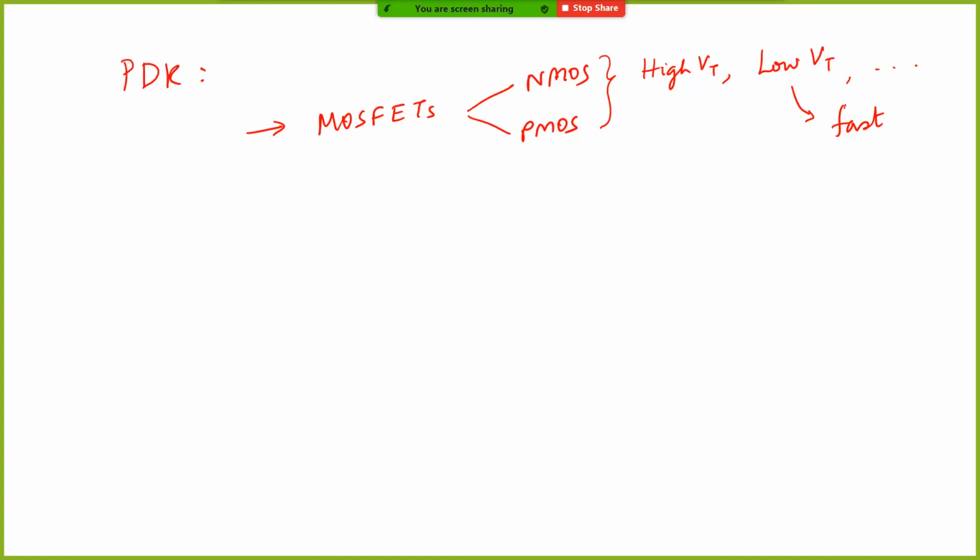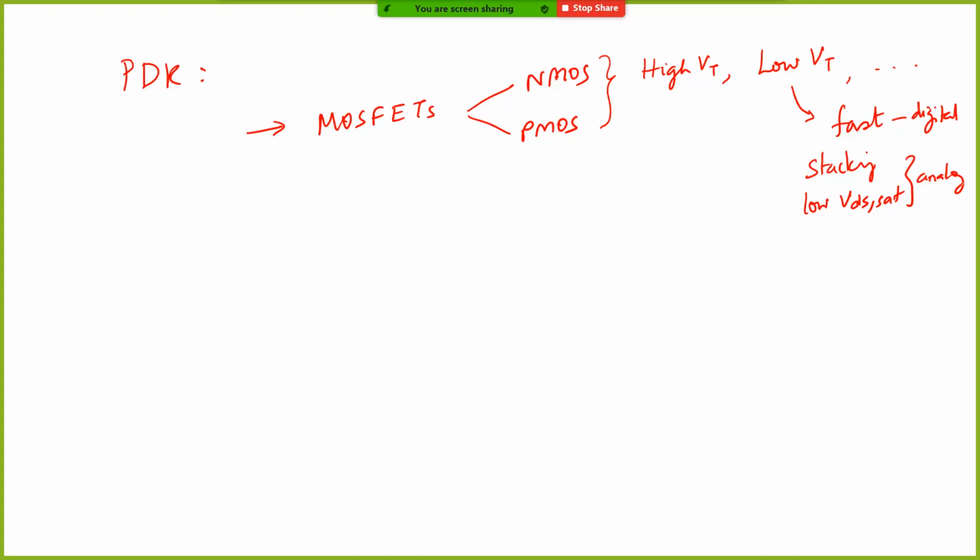In analog, we will see that when you want a lower drop across your transistors, low VDS and so on, or if you want to do a lot of stacking, you end up using low threshold voltages. Or if you want low VDS SAT, we will look at these things. You use low VT devices.